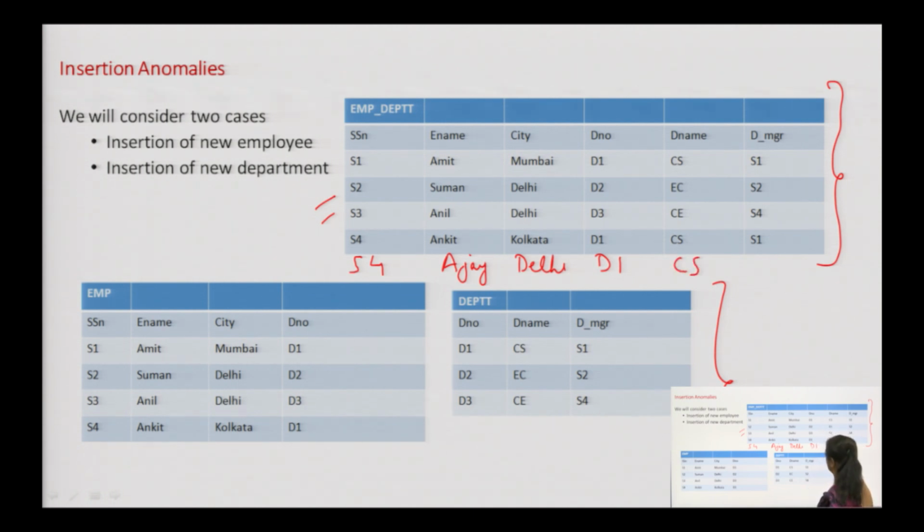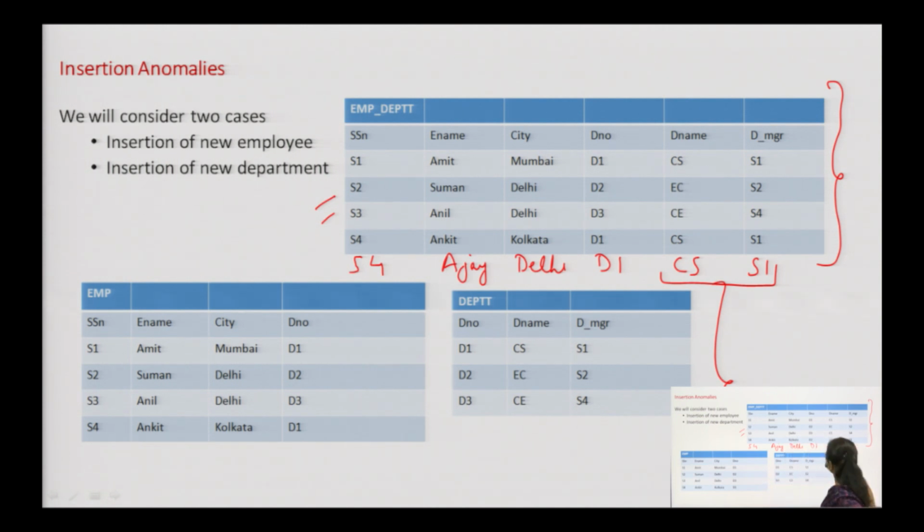We will have to say D1 is CS and the manager of D1 is S1. So, what happens when we are inserting the data over here? In the case of an employee, we have to insert this information, CS and S1 corresponding to D1, redundantly.